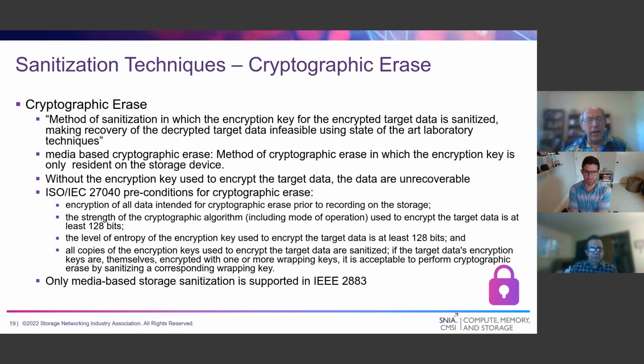Then we also have sanitize cryptographic erase. This is a method that applies if the device is self-encrypting the data that comes from the host. So the data would come from the host in the clear, and then the device would encrypt it as it arrives in the device, store it in an encrypted manner on the media, and then reverse that and decrypt it on the way out.